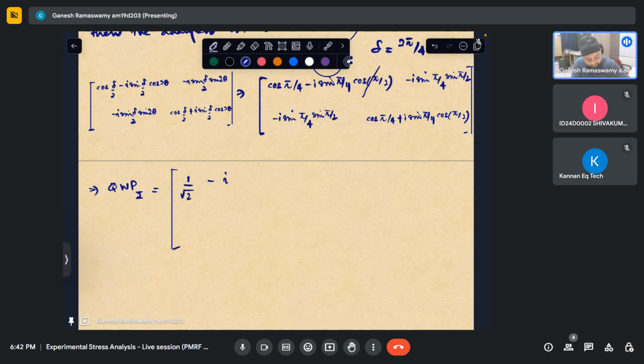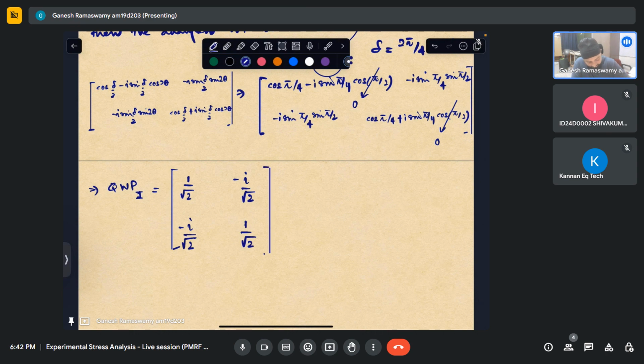We know cos pi by 2 is 0, so here also this is 0. Essentially I don't have anything here. So this will be minus i sin pi by 4 sin pi by 2. Sin pi by 2 is 1, sin pi by 4 is 1 by root 2. So this is 1 by root 2, and this will be 1 by root 2.